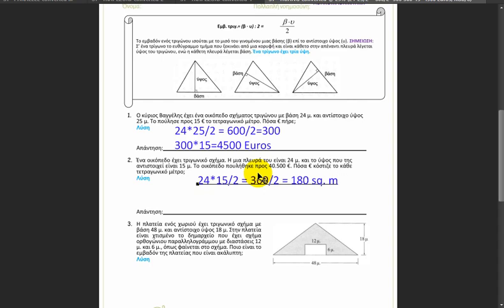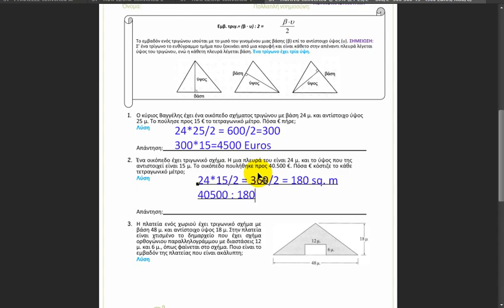Okay, well, knowing this now, we can figure out how many euros were paid for each square meter by dividing the final price, which is 40,500, by 180. And if I do this division, what will we get?